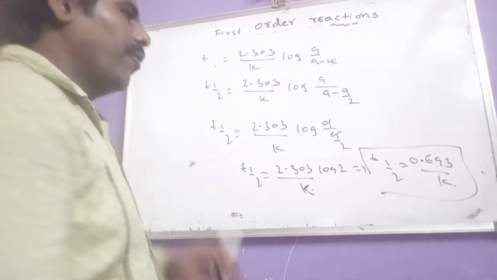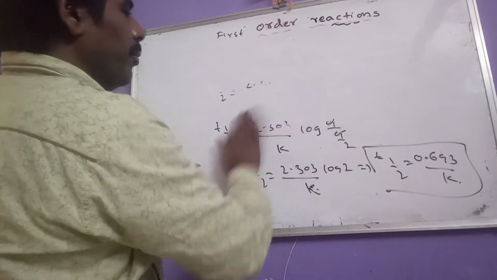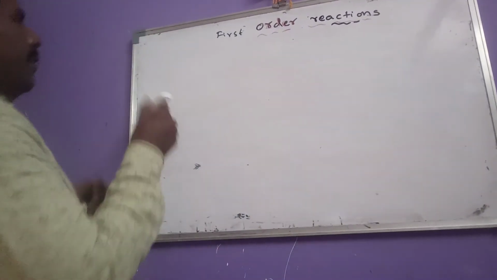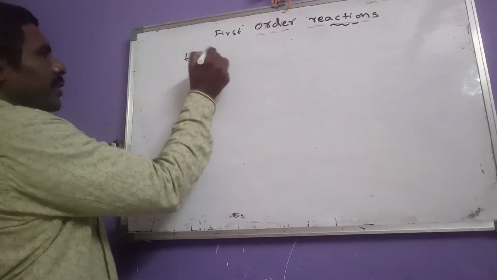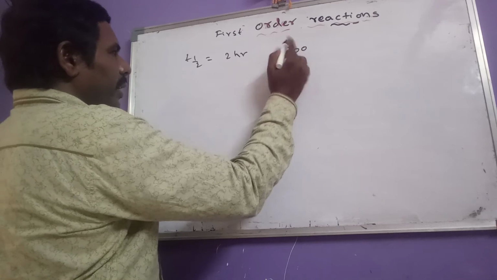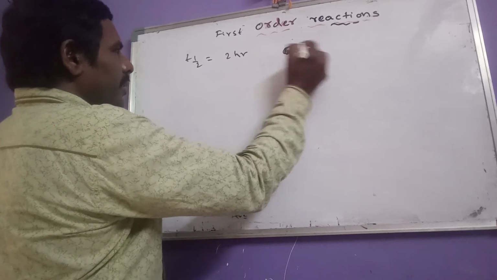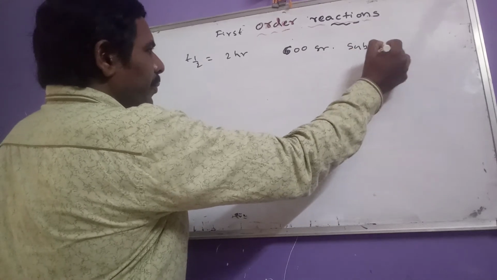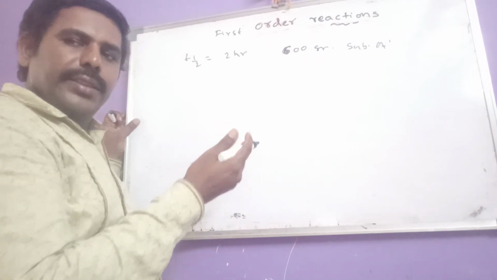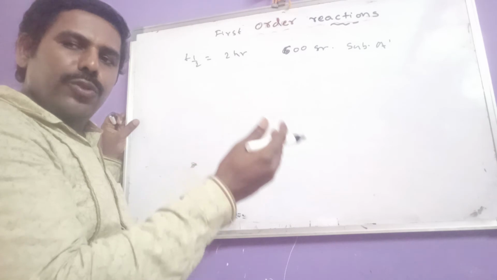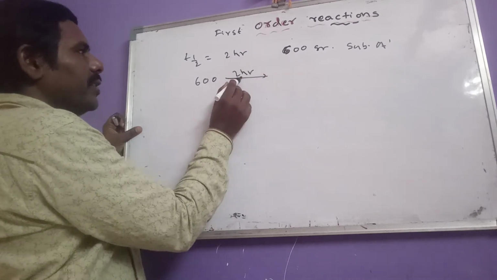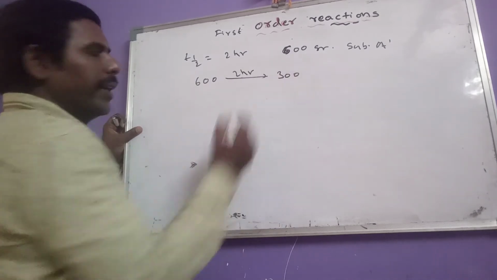Let us see an example. The half life period is 2 hours for 600 grams of substance A. If it follows first order kinetics, what is the amount remaining after 2 hours? 600 grams in 2 hours becomes 300.